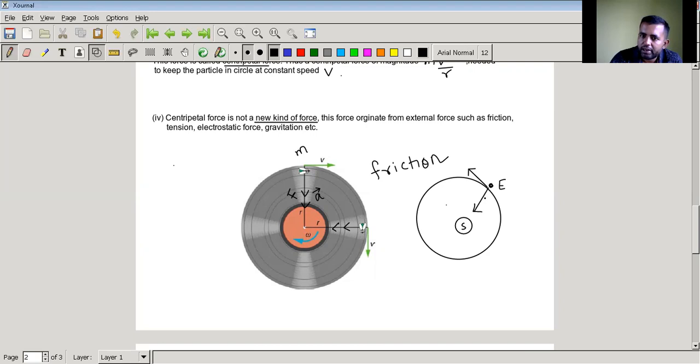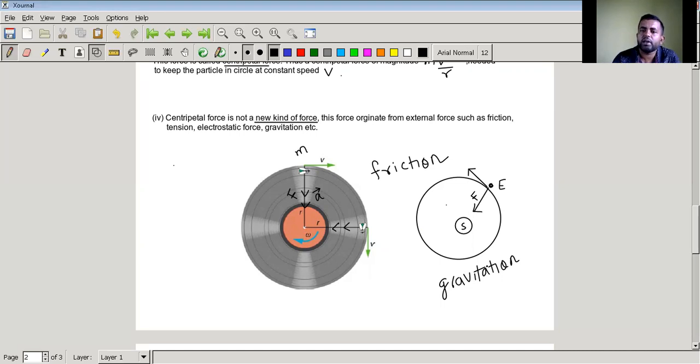We know that the sun attracts the earth, so there is a force, and this force is the gravitational force in this case. The sun is putting a gravitational force on earth. So that gravitational force will act like a centripetal force.